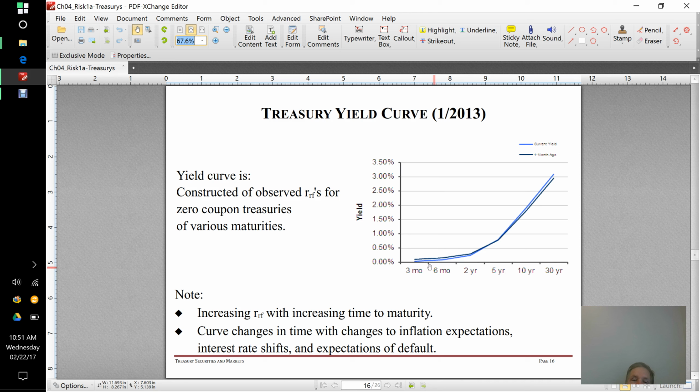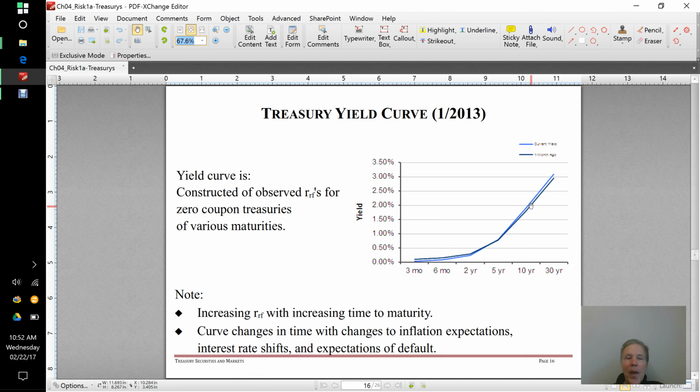And you can see that the yield for the 3-month contract is very, very low, about 0.05%, and for the 2-year contract, it's about 0.5%, et cetera, et cetera. So the interest rate, the R demanded by Treasury investors, is higher the longer the time until the contract expires, until the bond matures.